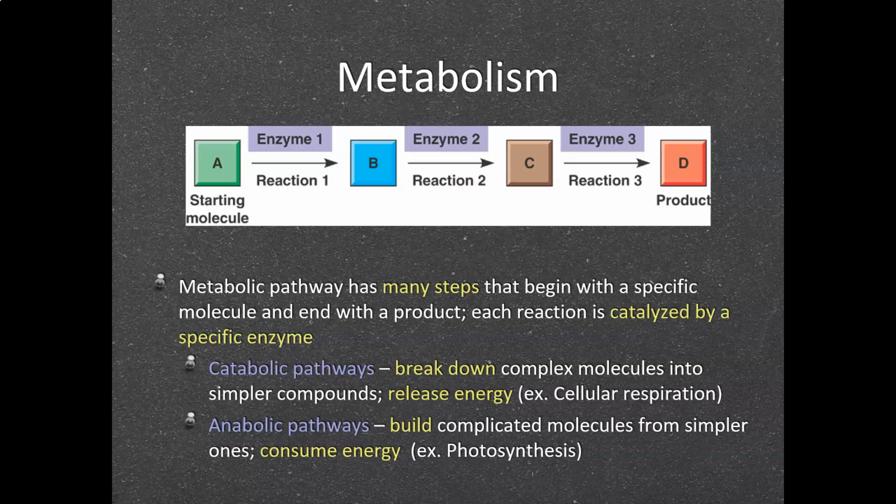We'll see that there's a lot of coupling of pathways where I break things down on one side only to use the products and the energy that I release from those catabolic pathways to then build things in those anabolic pathways. The release of energy from the catabolic then drives the anabolic building side of things.